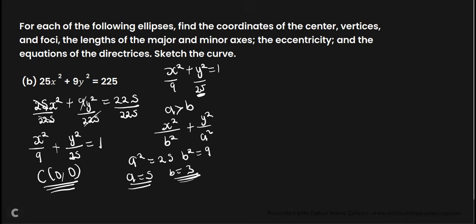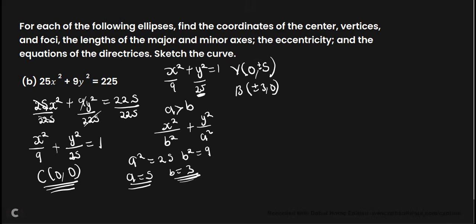We need to find the vertices, right? Since our A is in the y-axis, the vertices will be 0, positive or minus 5. Then the co-vertices are positive or minus 3, 0, like that.